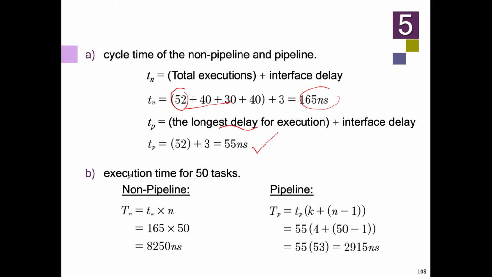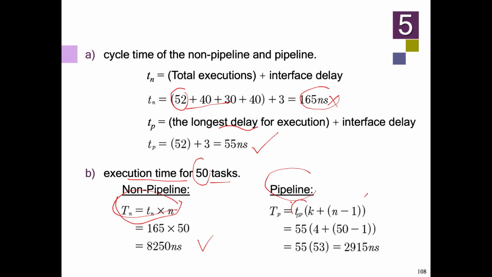How about the last one, which is the execution time for 50 tasks. For non-pipeline, this is directly multiplied with your Tn. So you can see over here, then you get the result. While for pipeline, this is the equation similar to your previous slide.